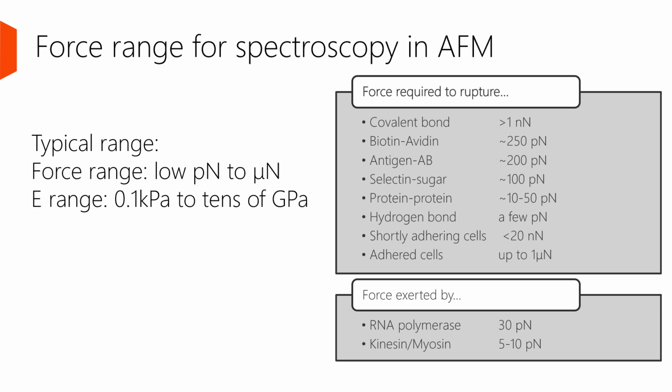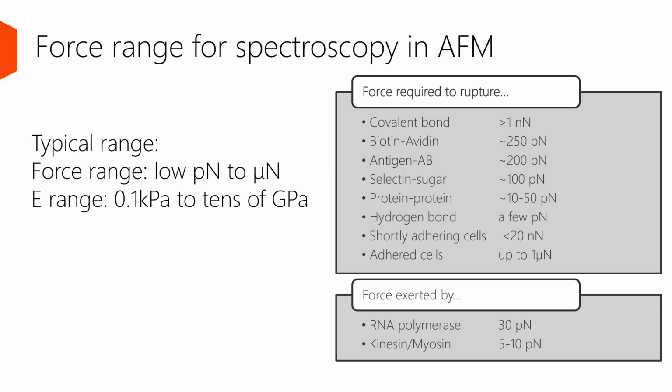How do we make sense of this force range? I put a table on the right. It's basically the force required to rupture these intermolecular bonds. For example, it requires more than 1 nanonewton to rupture the covalent bonds. For biotin avidin, it requires like 250 piconewton.